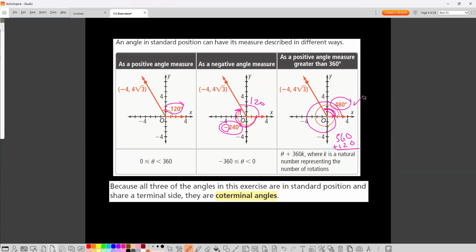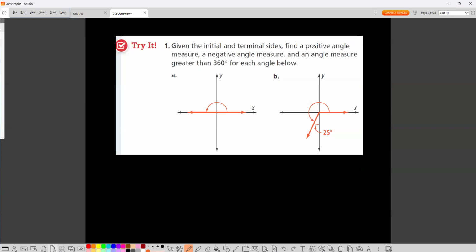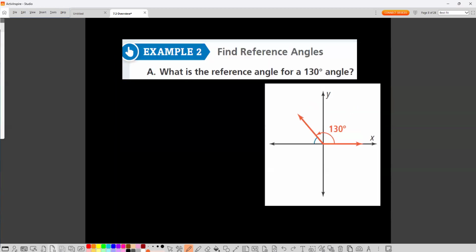Because all these angles stop at the same place, they're going to have the same reference triangle in here, the 4, 4 square root of 3, and the 8 at that spot. So that's vocabulary.